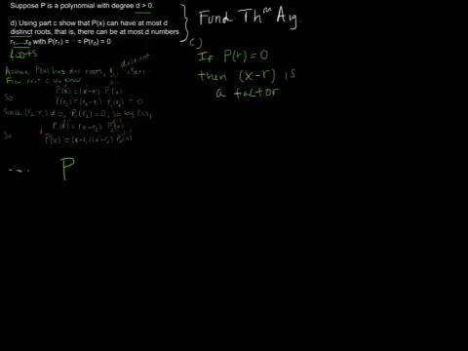So I have p of x, and I want to have all the factors up to r sub d minus 1. So I have x minus r1 all the way up till x minus r sub d minus 1.